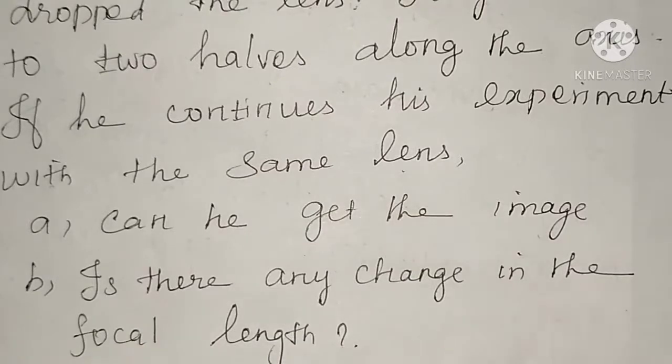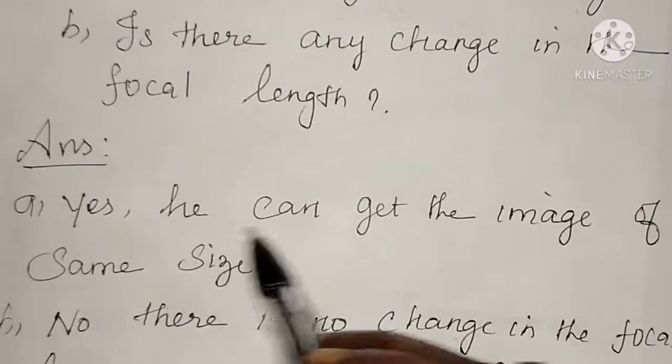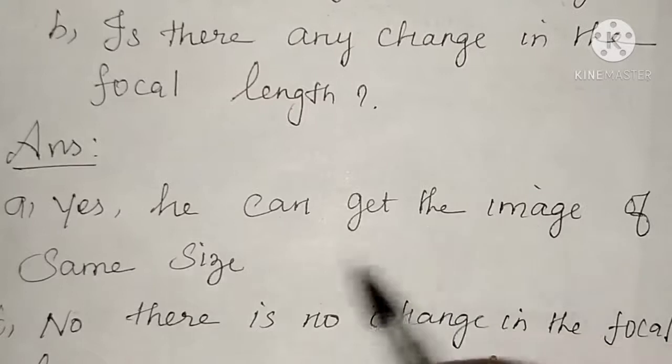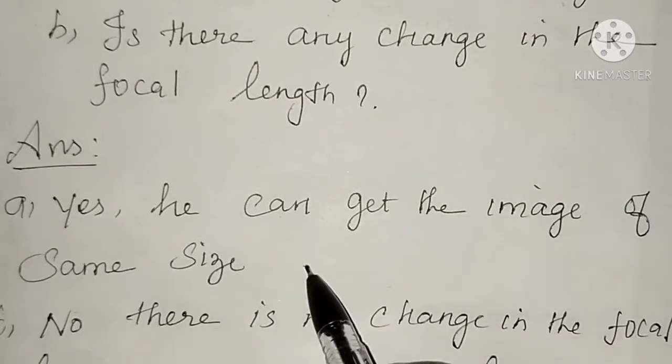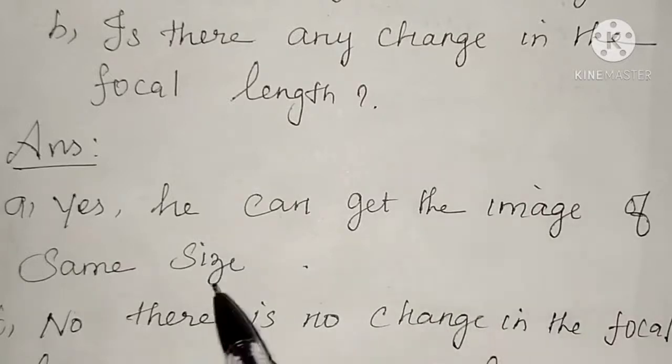So the intensity of the image will be somewhat faded, but he can get the same focal length. So write the answer. First part: yes, he can get the image of the same size. Take a note and write it. Yes, he can get the image of the same size.